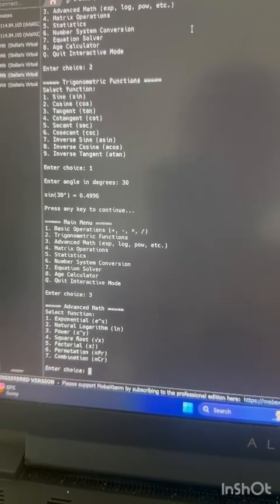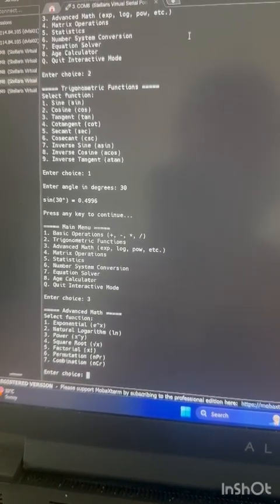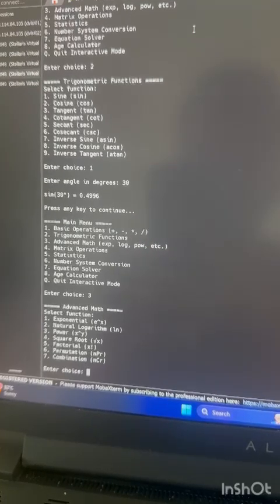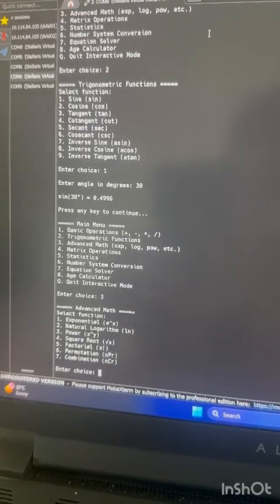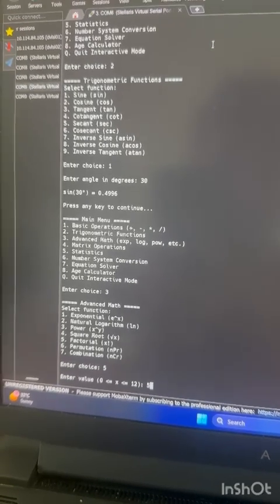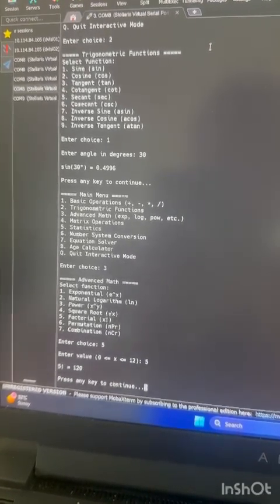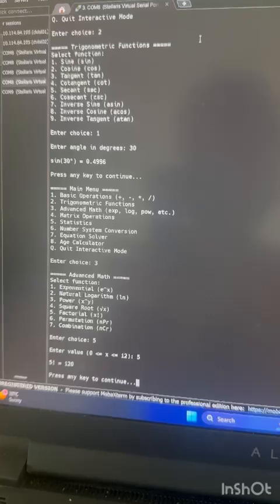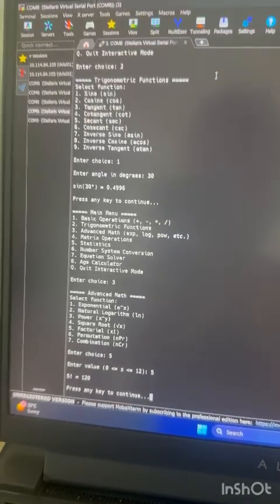So let's start with one demo. Let's calculate 5 factorial. The answer 120 it gives, which is the correct one.